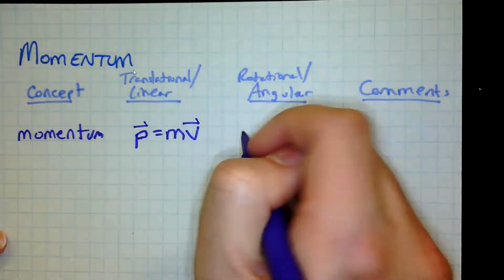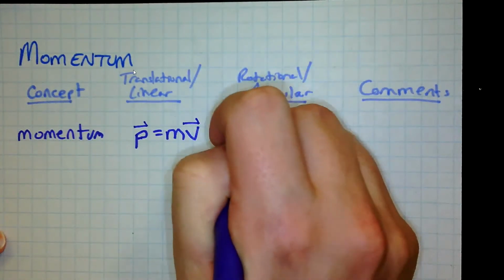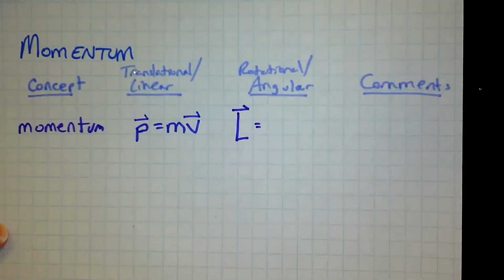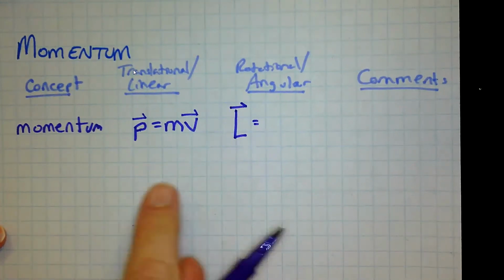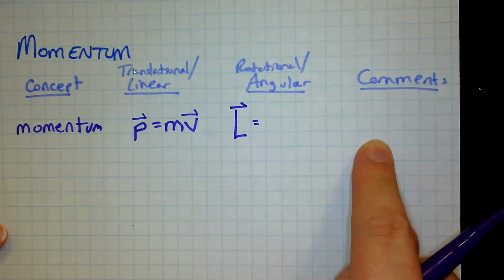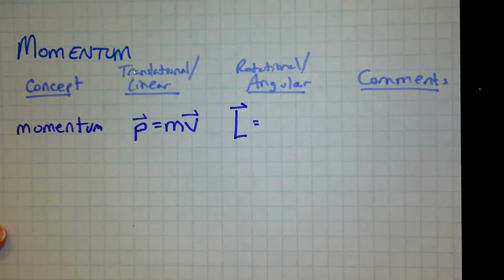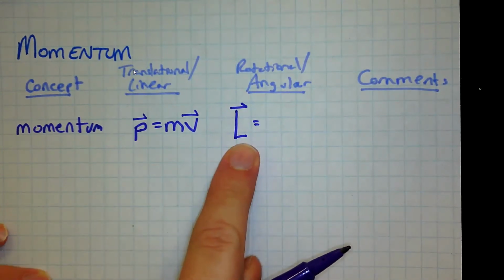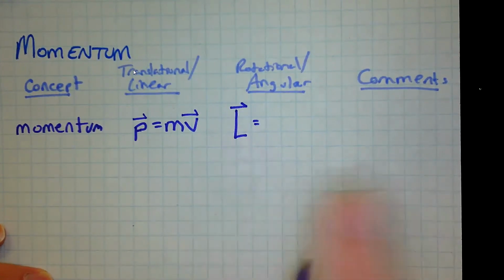So angular momentum is going to have the symbol L. It's really weird because linear momentum is p, angular momentum is L. Also, every other angular quantity has a Greek letter, but angular momentum is L. I don't know why, but that's what it is.